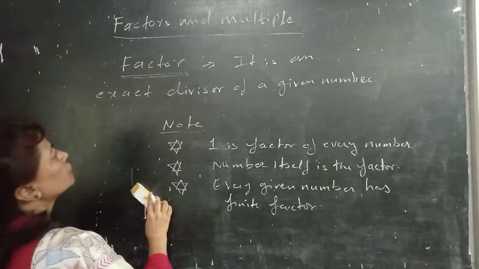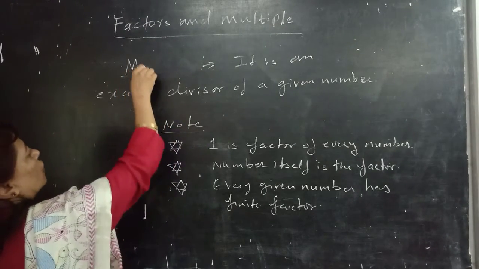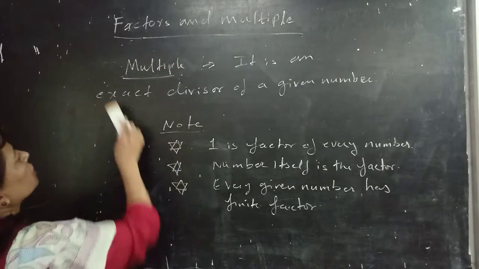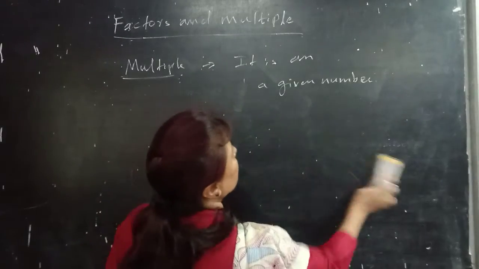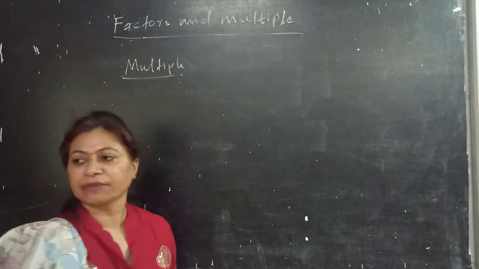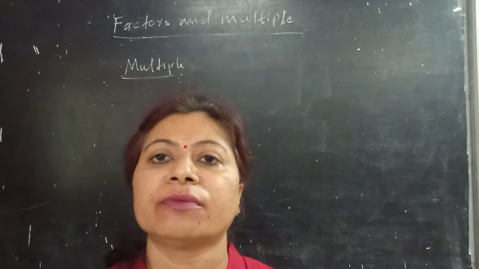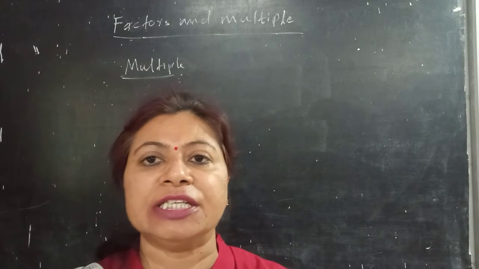Now let us move to the next heading, that is multiple. What is a multiple? Here also the use of multiplication is there. But here, multiple means the number that we obtain after multiplying any given number by an integer.